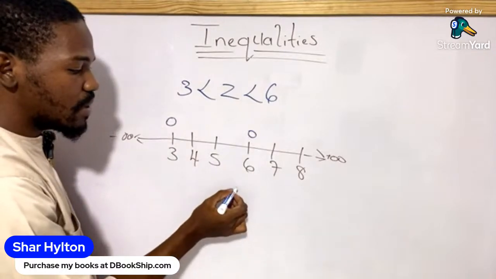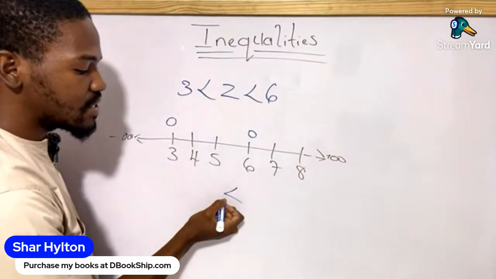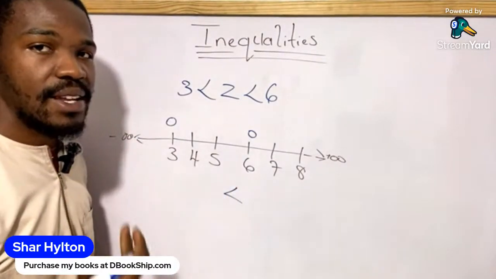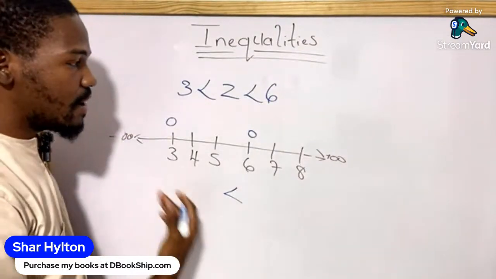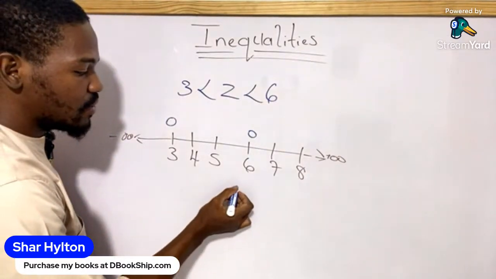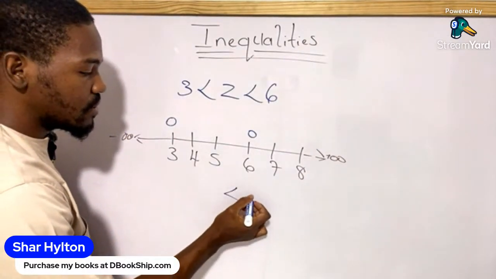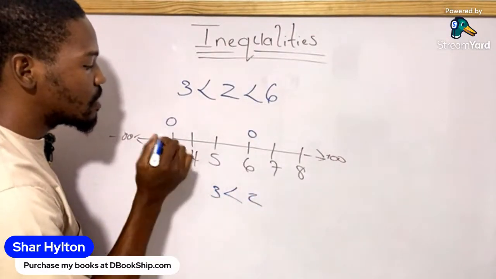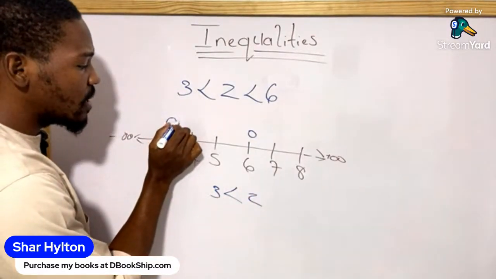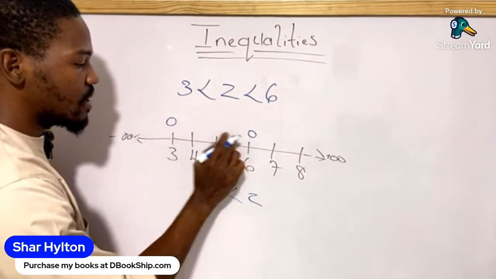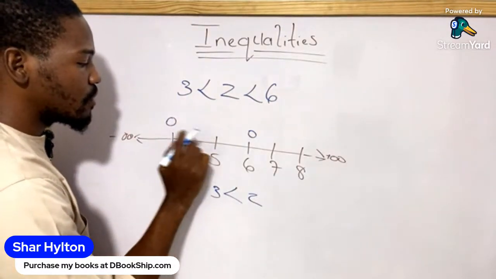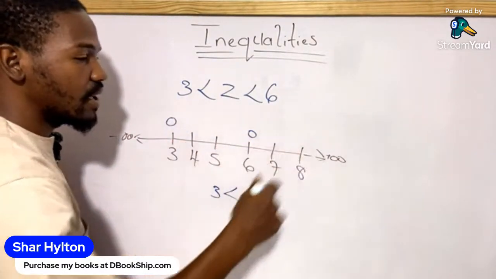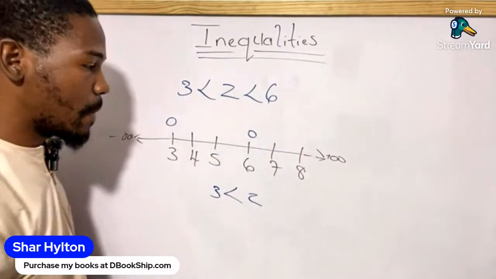It doesn't matter if this is a less than sign. The fact is, any side that the 2 points opens up, it means that it is greater. So z is greater than 3. So anywhere above 3 would be 4, 5, 6, 7, 8, all the way up to infinity, right?